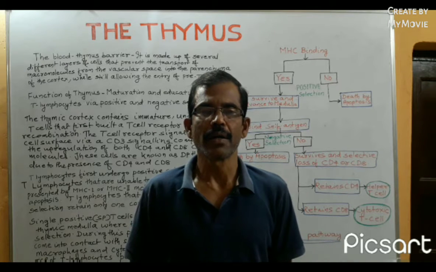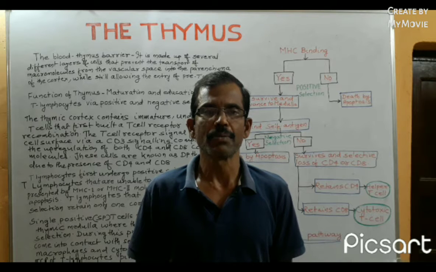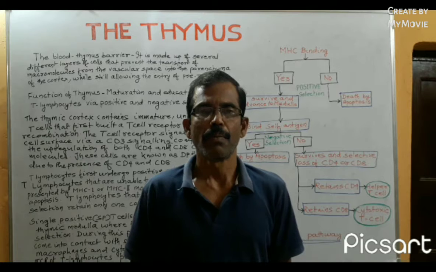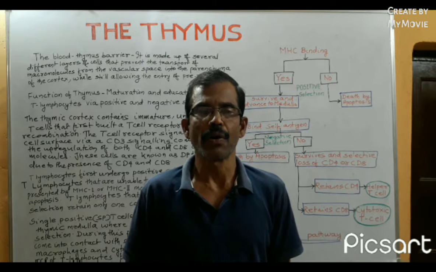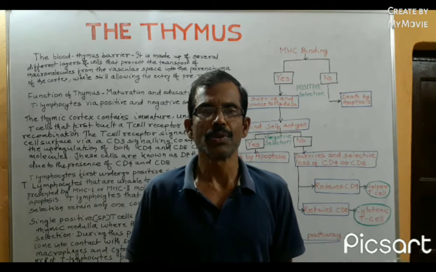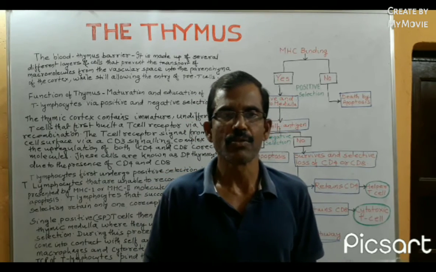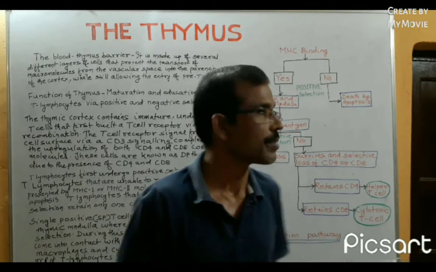The blood-thymus barrier consists of several layers of different types of cells that prevent the entry of macromolecules and foreign antigens into the parenchyma of the cortex. So let us know about the blood-thymus barrier.